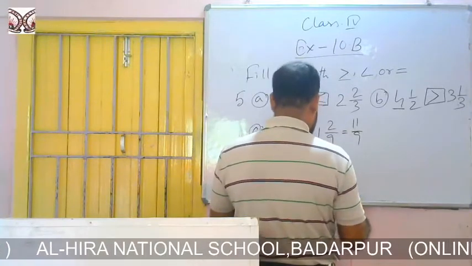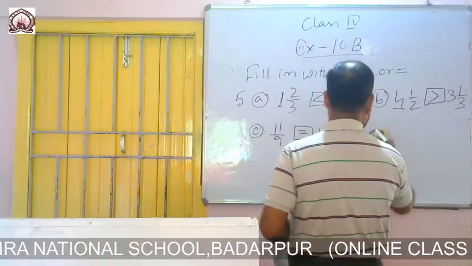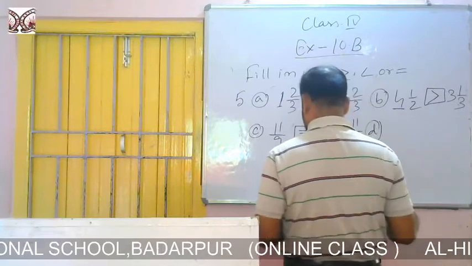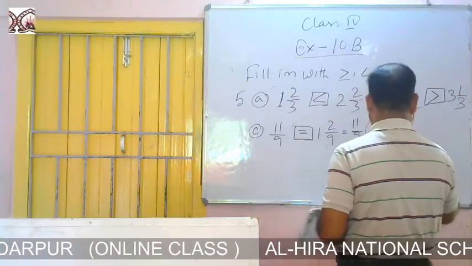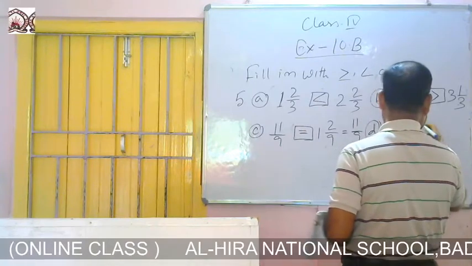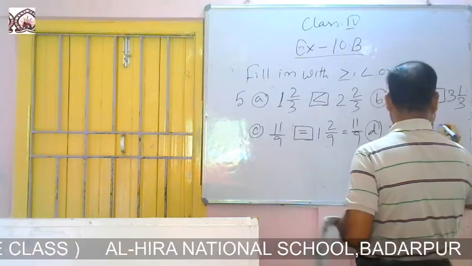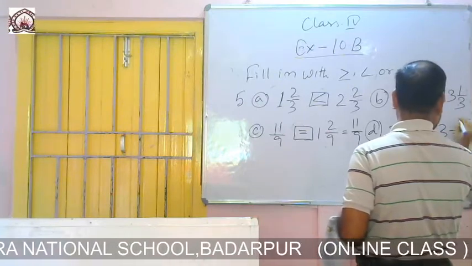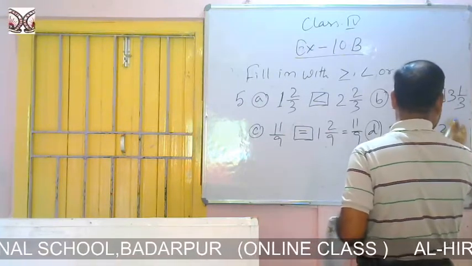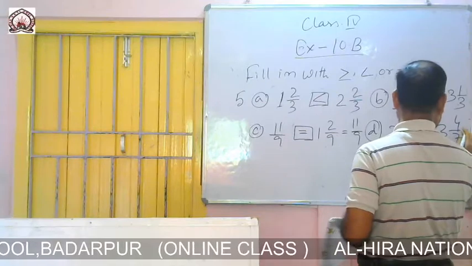Next, question number D, 3 3 by 5 and 3 4 by 7.